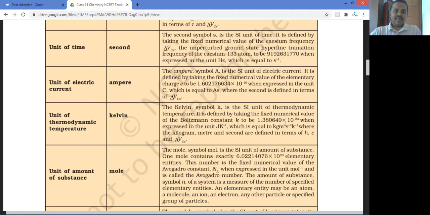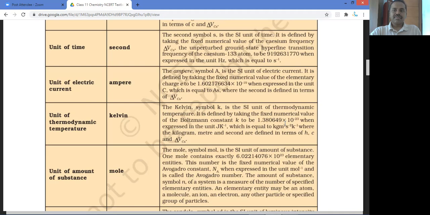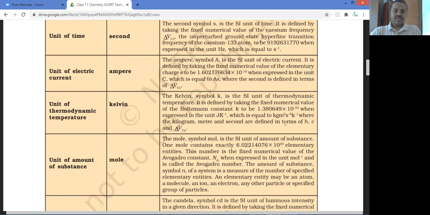But here, to have a uniform measure, you take the Boltzmann constant. The kilogram, meter and second are defined in terms of h, c and delta V. What is delta V? Cesium frequency, delta V Cs. Second.